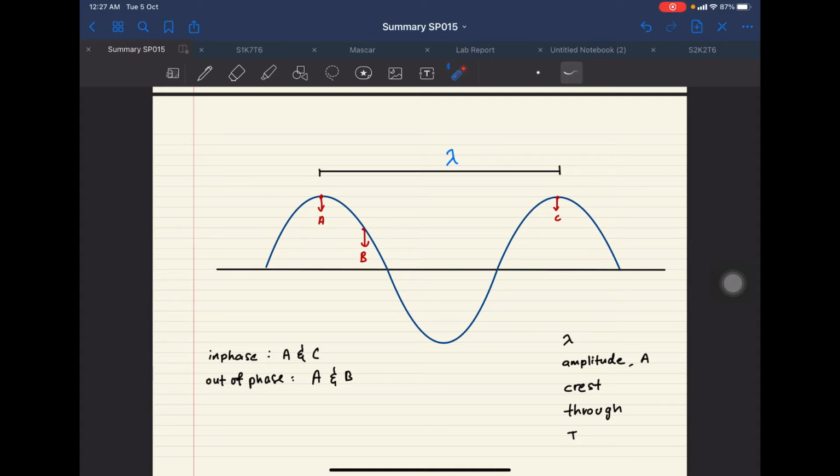Okay, period T is defined as the time taken for a particle in the wave to complete one cycle. Okay, that is actually the definition. Masa yang diperlukan untuk wave complete satu complete cycle.